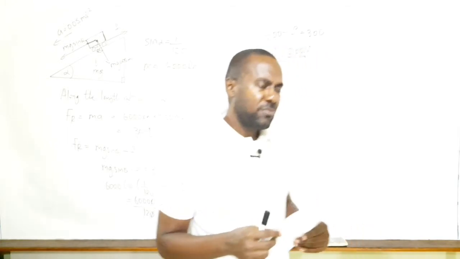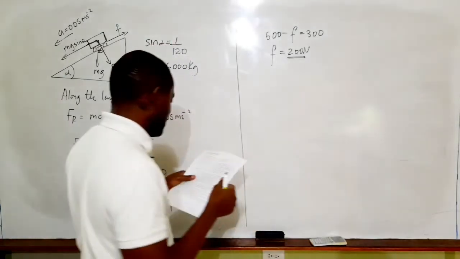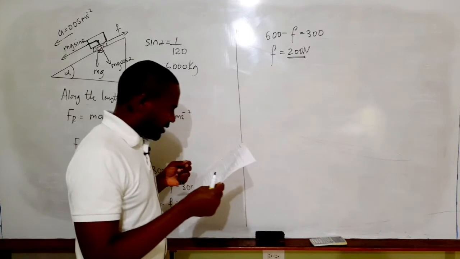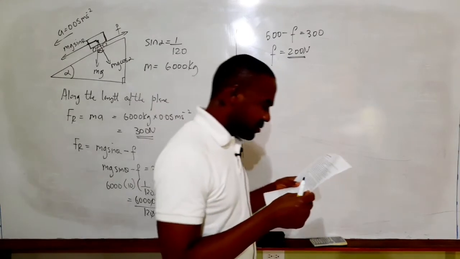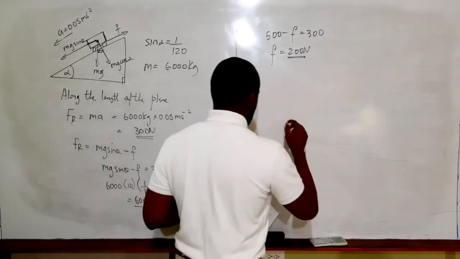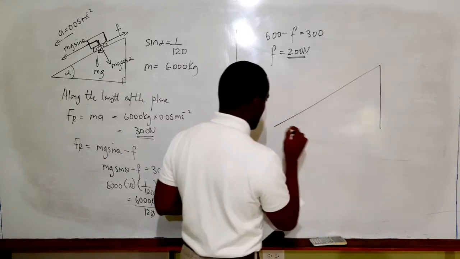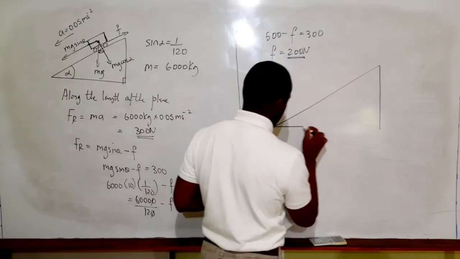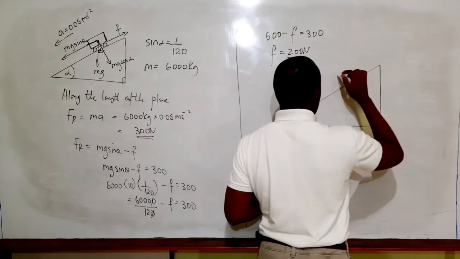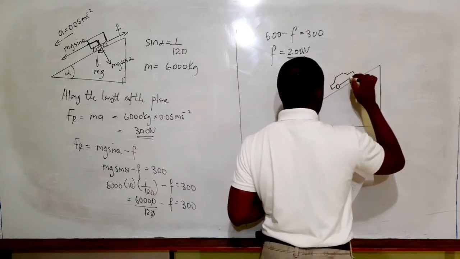So again, the first thing we do is to represent the situation on the diagram. So what we have here is a car which is towing a caravan up a road which rises up an incline, right? So let's represent that on the diagram. We're going to let this be our incline, and the car is towing a caravan.